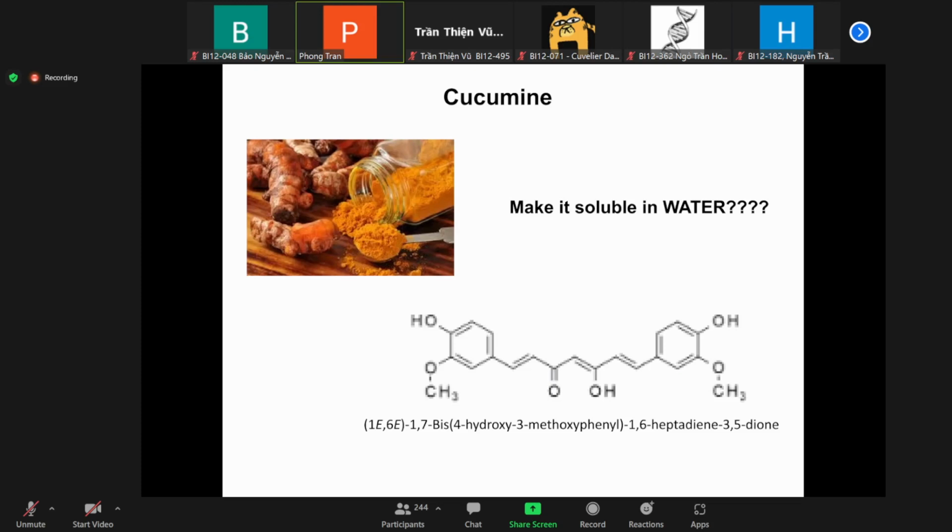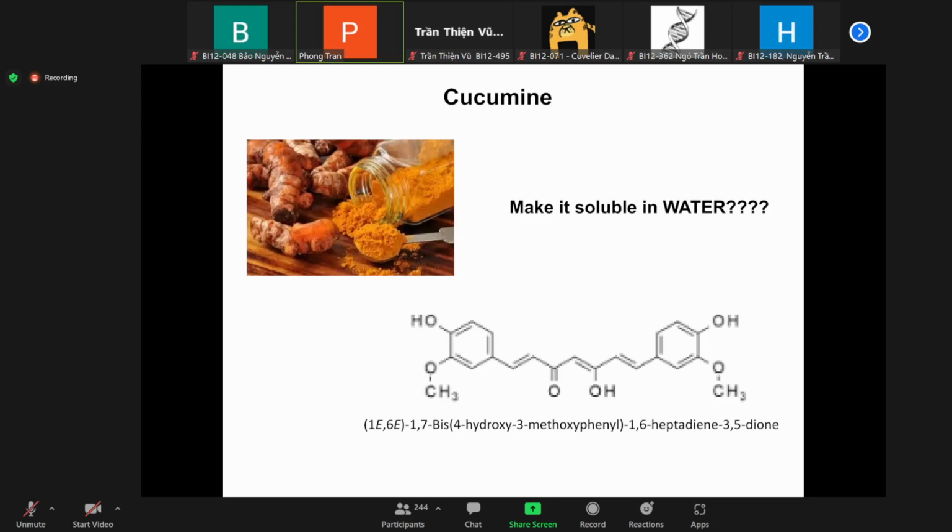So if you treat the polar bonds like vectors and do the combination of the vectors, you can see that finally this molecule has polarity. It's polar, but the polarity is very small. That means the dipole moment of this compound is very small. So this compound can be dissolved in water, but not a huge amount. In other words, the solubility of curcumin in water is very low.